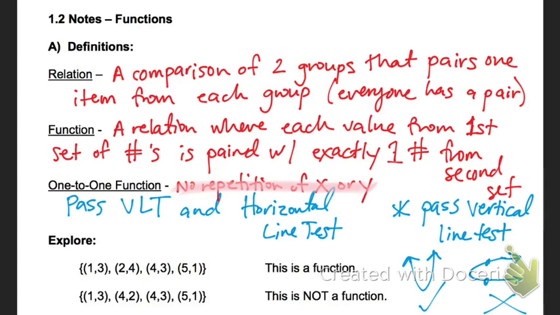For a function, there can be no repetition of x, I'm sorry. So a function can have no repetition of x, a one-to-one can have no repetition of x or y. And a relation can have any repetition of anything. It just means everybody has a pair.